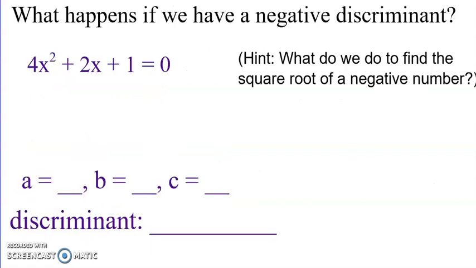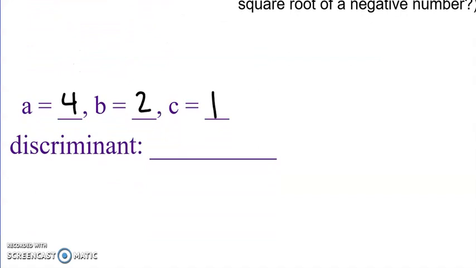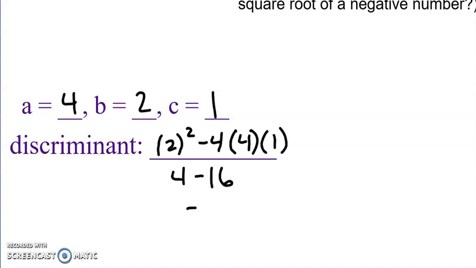Last example, what if we end up with a negative discriminant? So here we have a, b, and c value right there. So our discriminant is going to be b squared, so 2 squared minus 4 times a times c. So we end up with 4 minus 16, which is going to be negative 12.